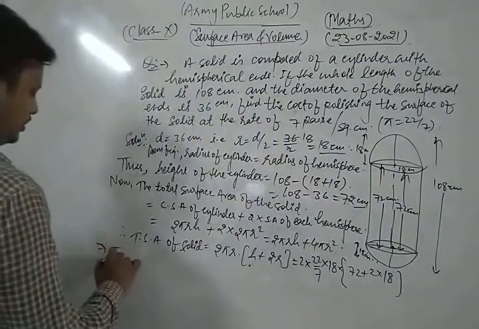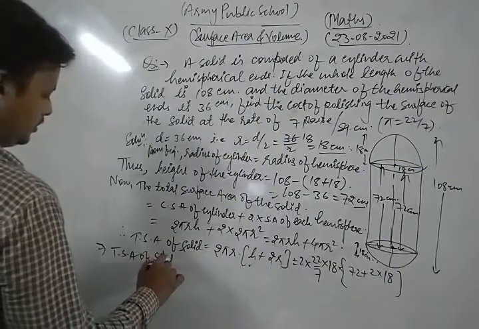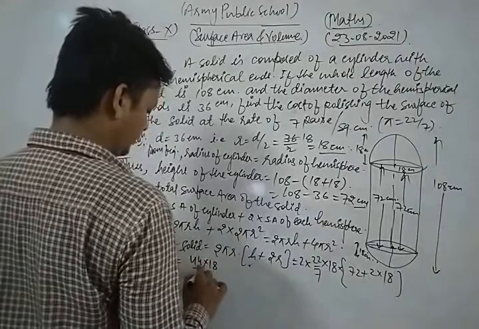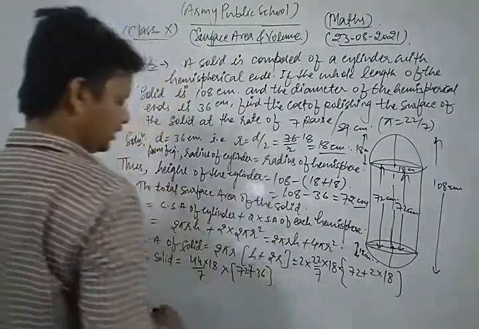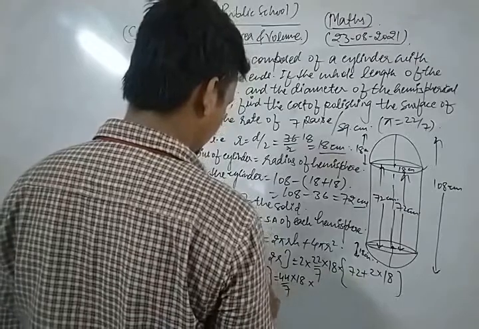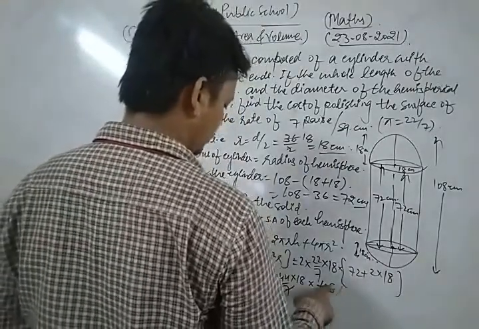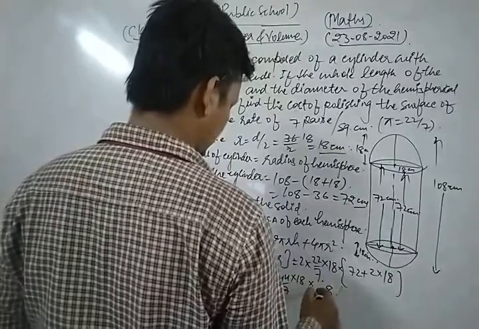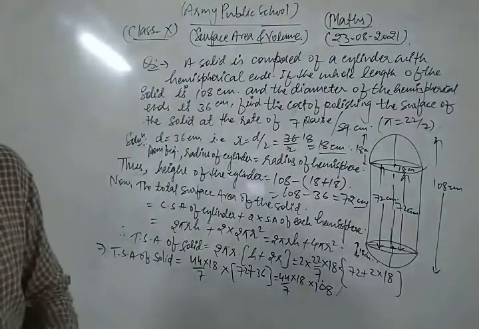The total surface area of the solid is 44 into 18 upon 7 into (72 plus 36), that is 44 into 18 upon 7 into 108, which is 44 into 18 into 108 upon 7. Now let's simplify.